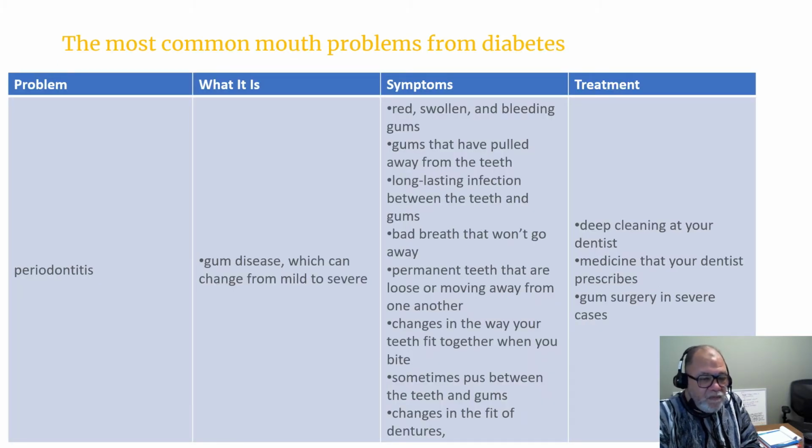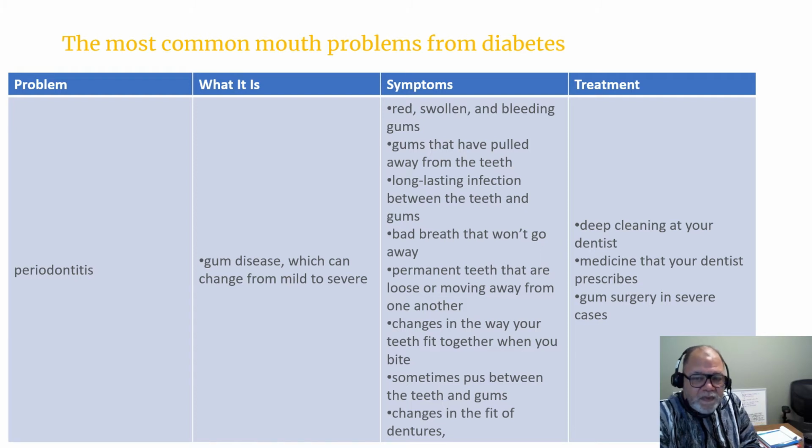Periodontitis is a more advanced gum disease. It can change from mild to severe. It is particularly invasive in diabetic patients.